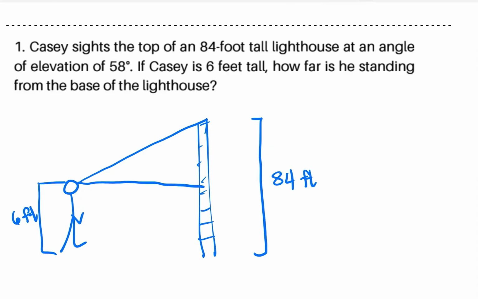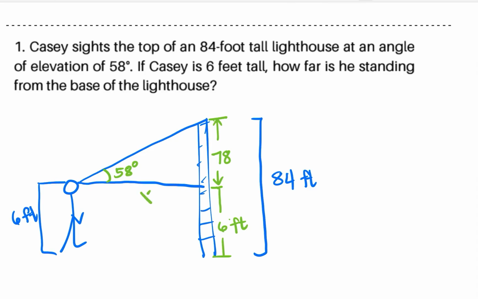Since Casey is 6 feet tall, we're going to take 6 out of 84, so that would make this height. This is not drawn for accuracy, just to illustrate the problem. So we have 84 minus 6, that will be equal to 78. And this angle is 58 degrees.